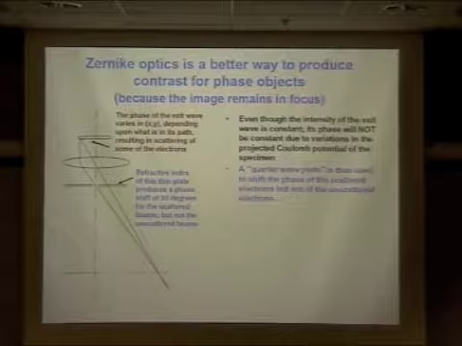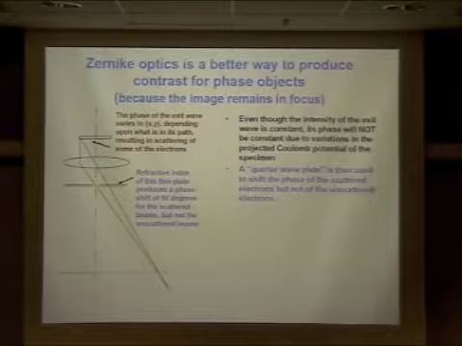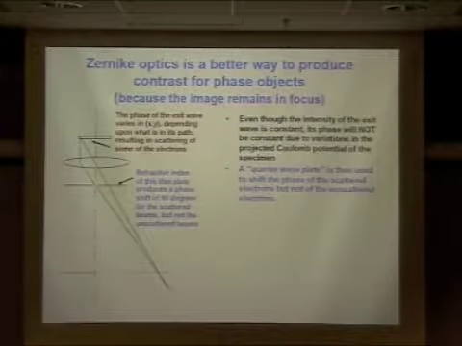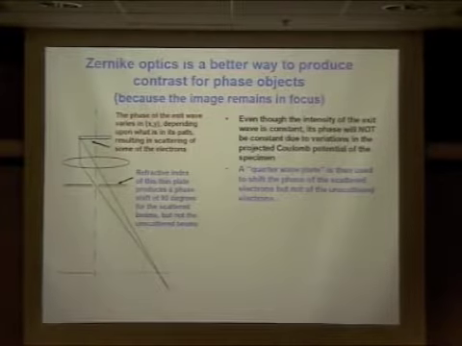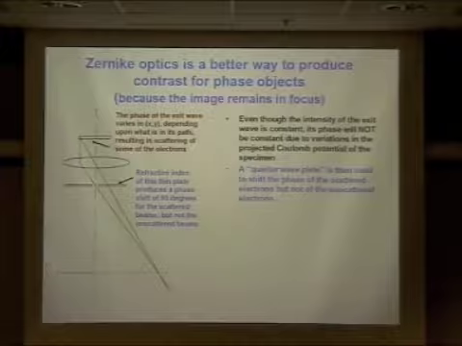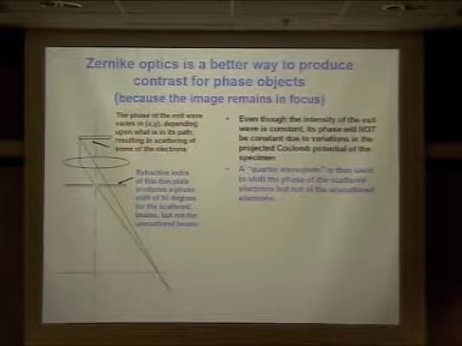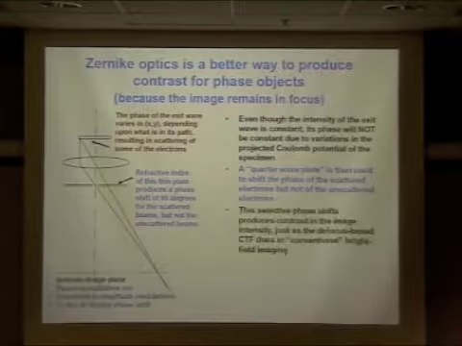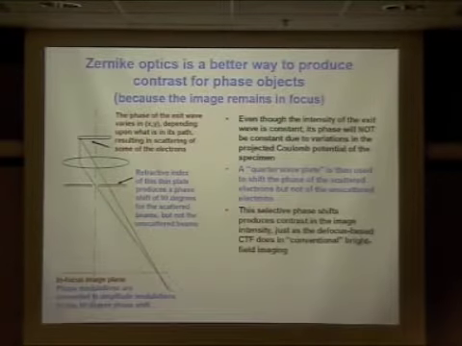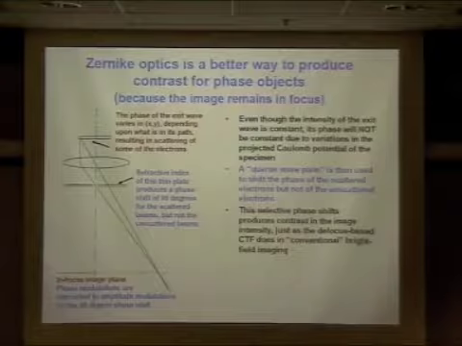You have to rotate in the condenser and the annular device so that you can better separate, in the back focal plane of the light microscope, the transmitted from the scattered light, and the scattered light gets the 90-degree phase shift.